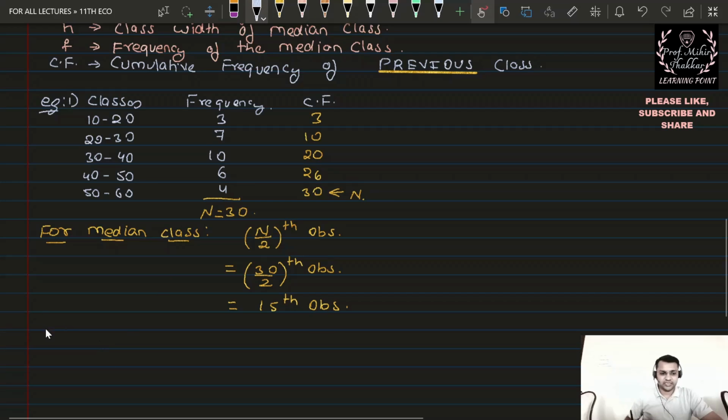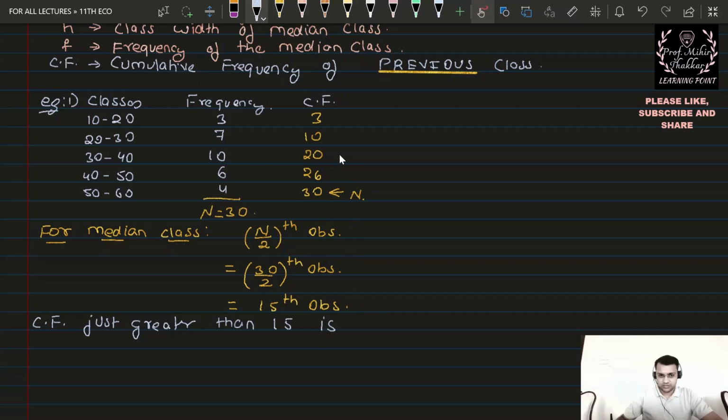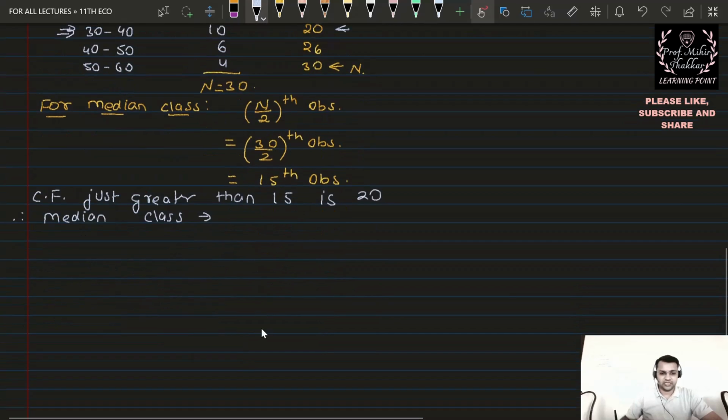So once again, guys, cumulative frequency just greater than 15 is 20. So the corresponding class is the median class. So I can say that median class is 30 to 40.